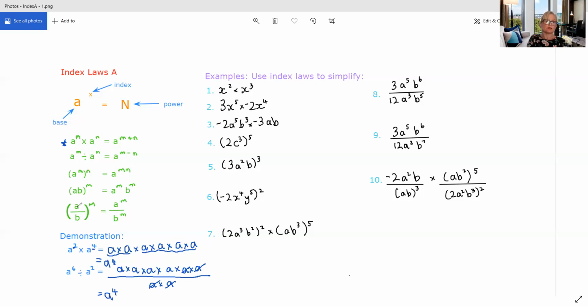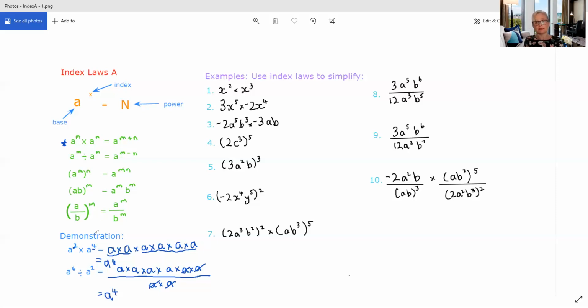And these last 2 index laws for this slide anyway, is if you have a product or a quotient raised to an index, you are allowed to bring that index in to each of the factors or each of the parts of the quotient. That does not work if you have a plus b or a minus b raised to a power. They are different entirely.